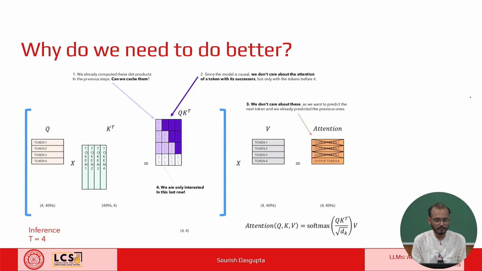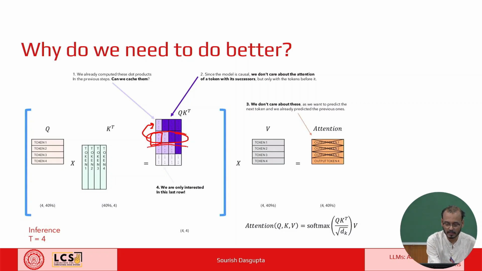So if you look at this particular row, which is the second query, when the second token comes in, you will see that this part is already computed before, isn't it? So you're almost recomputing the same thing which you have already computed.